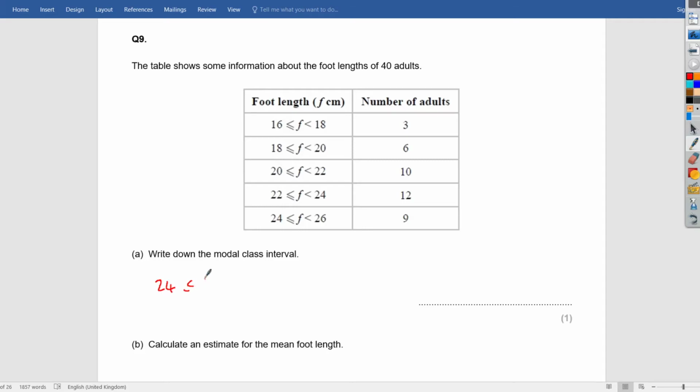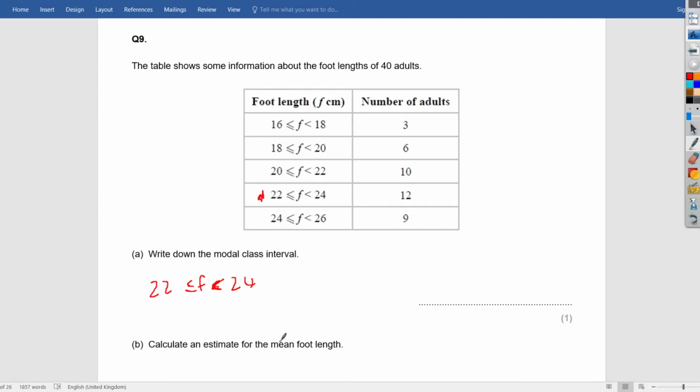I meant 22 to 24, less than 24 but greater than or equal to 22. So 22 here, and this one's going to be less than 24. So this is the one with the highest frequency.